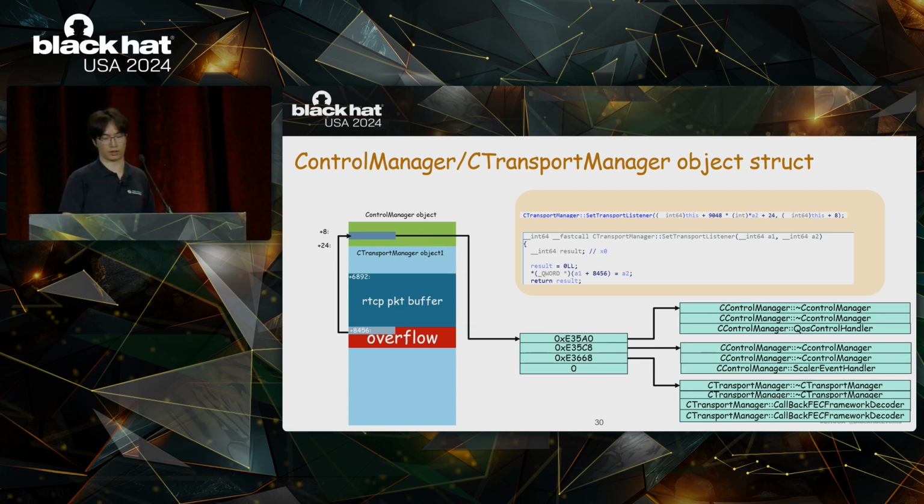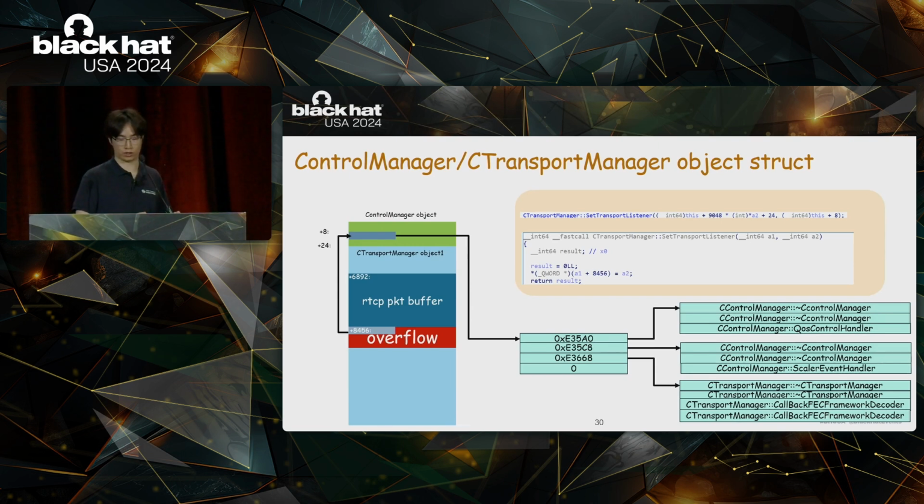And the figure on the left represents write primitive B, which makes 40-byte out-of-bounds writes after the RTCP packet buffer, in the red zone. And there's a pointer with the variable name transport listener located right in this out-of-bounds write area.